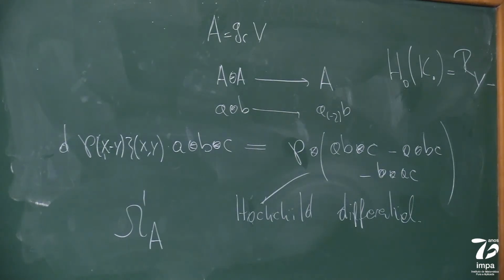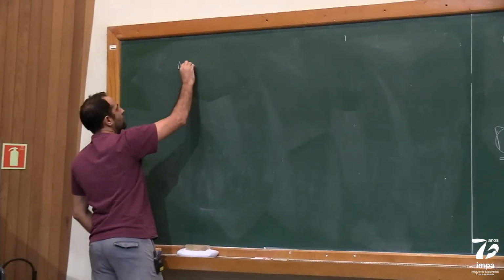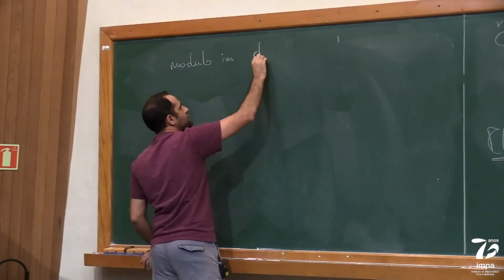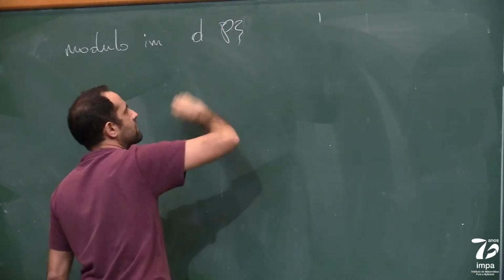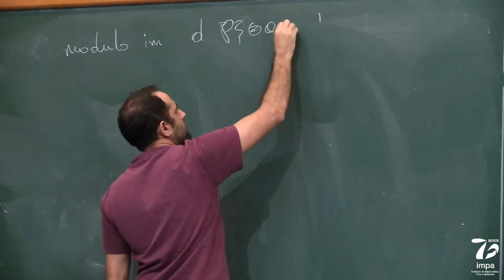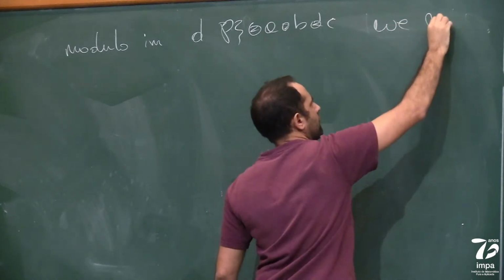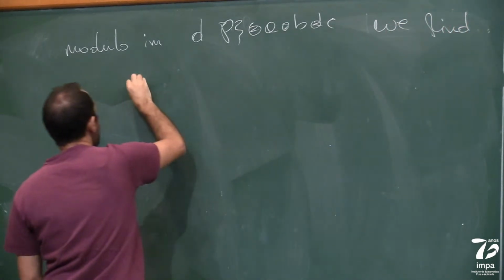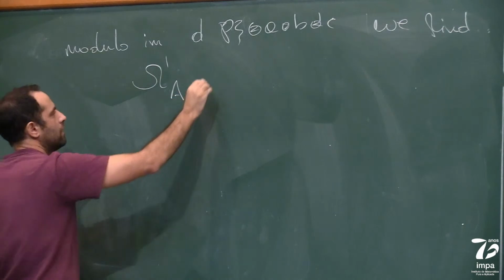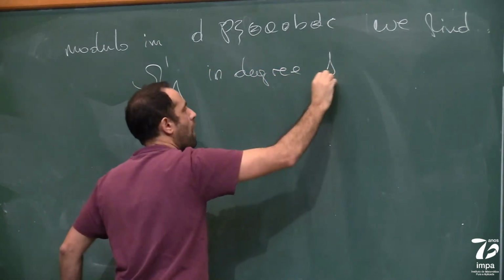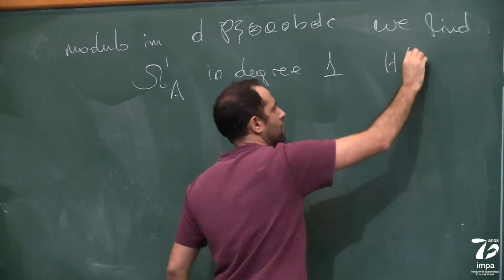So modulo the image of the differential of the Weierstrass P function times the zeta function times A tensor B tensor C, we find omega 1 of A in degree 1 in the homology of K.